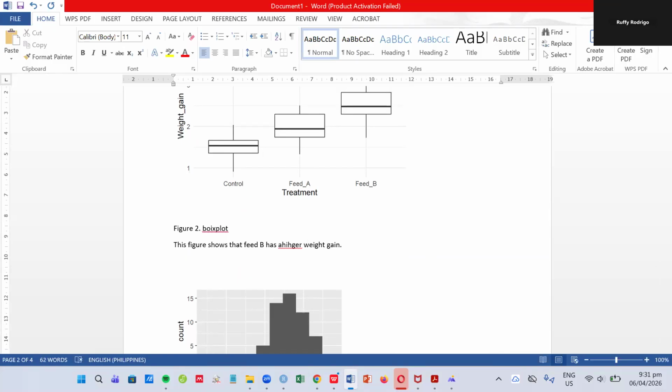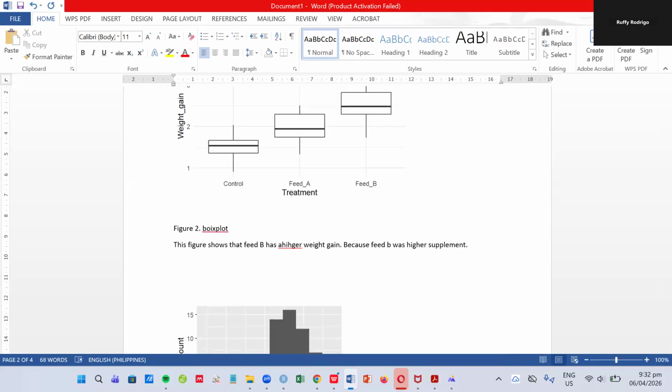Now you kind of discuss, because you know the story. You are the one who collected data. You did the experiment. You might say, oh, because feed B was a higher supplement. Just write anything that you observe in your figure, and then you can improve it later. Do not try to be perfect because there's always room for improvement.